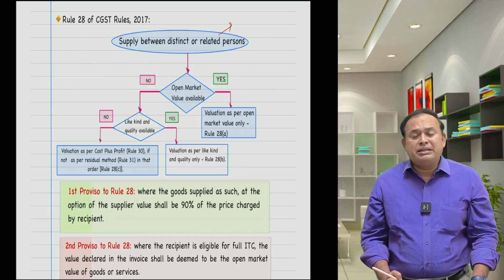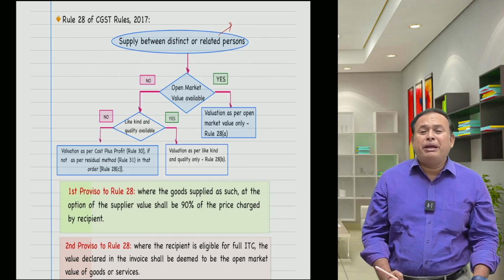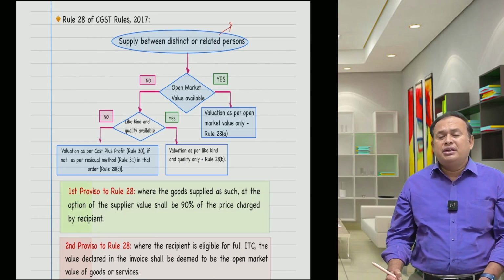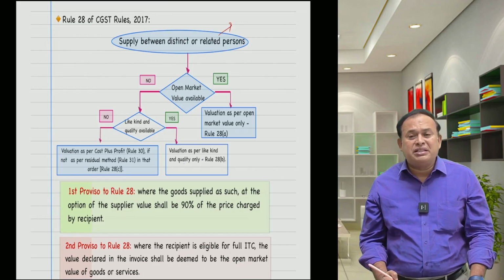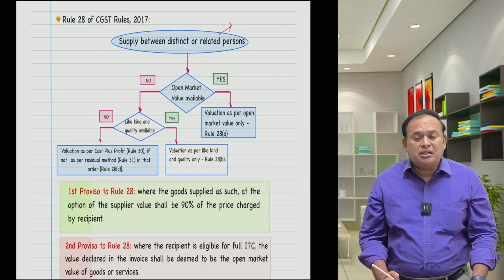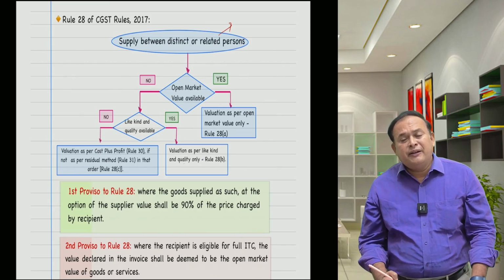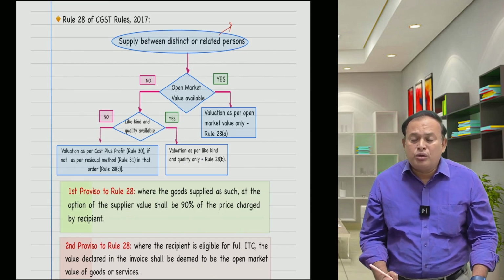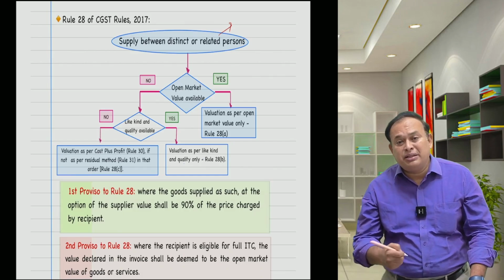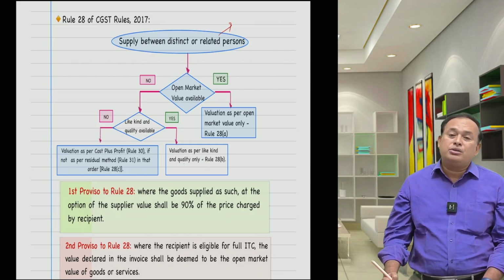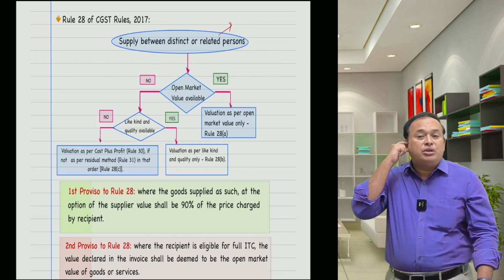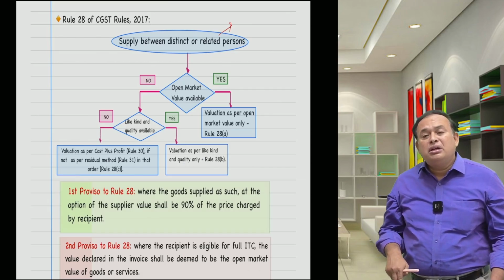Further, parents, grandparents, brothers, sisters who are wholly or mainly dependent on such person, or one company holding not less than 25% of the equity share of the other company, controlling directly or indirectly by way of not less than 25% voting right held by one company in the other company. Like that, we have understood already the explanation to Section 15, which talks about related persons.